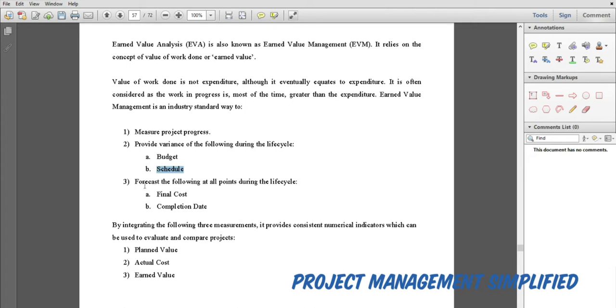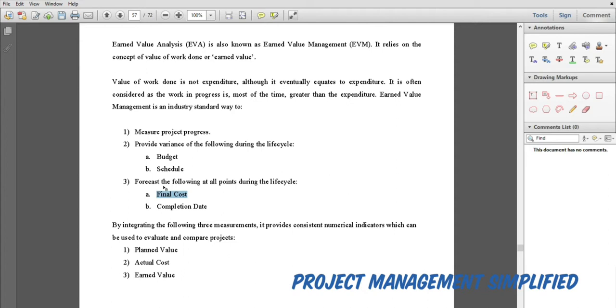It also helps us to forecast the following at points during the life cycle. When we are checking the budget and the schedule, we can also forecast the final cost of the project, how much we will spend for this project at the end of it. We will see within a few minutes how to calculate this.